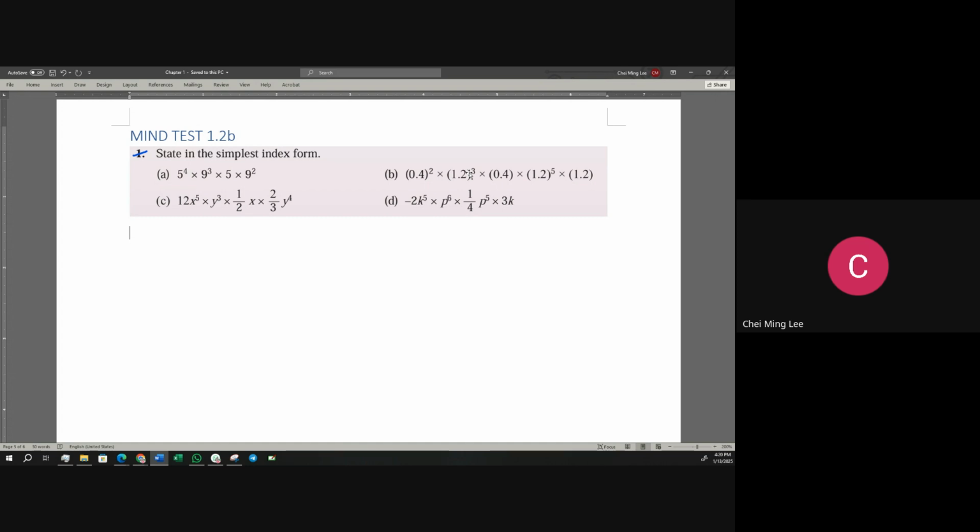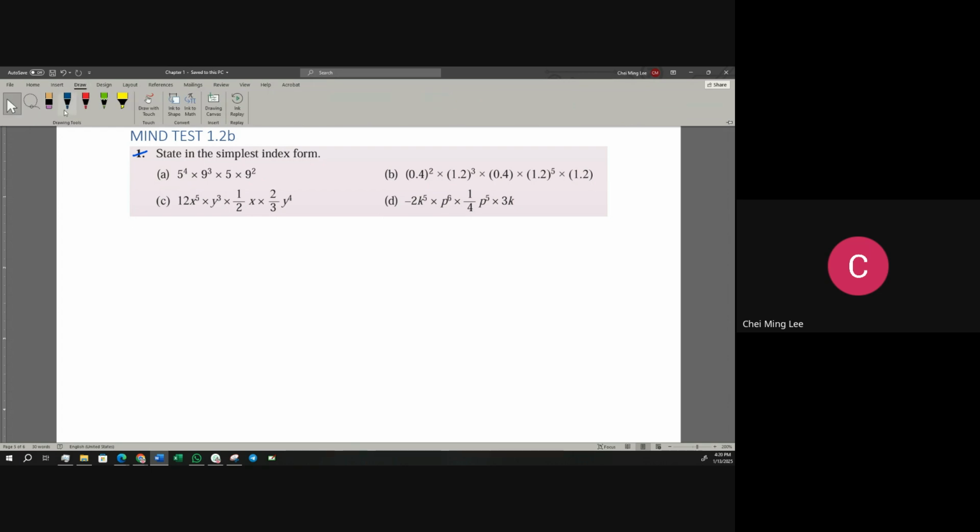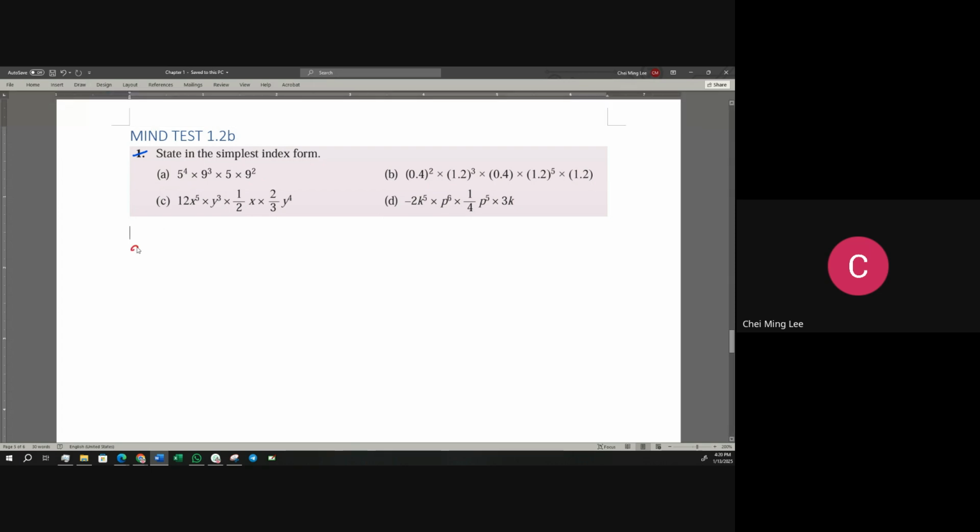Can I discuss? Okay, so let's see. How we can do here, like always, is we try to separate the terms with different bases. For example, 5 to the power of 4 times 9 to the power of 3 times 5 times 9 to the power of 2.